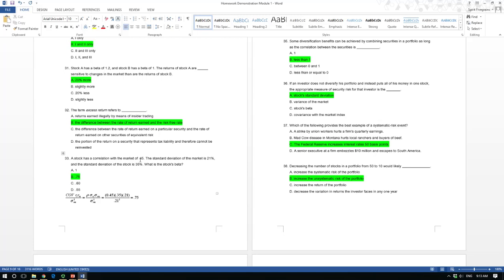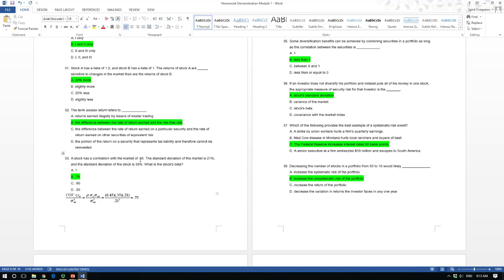So here we follow the equation of beta. Beta equals the covariance between the individual stock and the market divided by the variance of the market. Right? And we can manipulate this equation a little bit and express this in terms of rho, the standard deviation of the individual stock, and the standard deviation of the market.